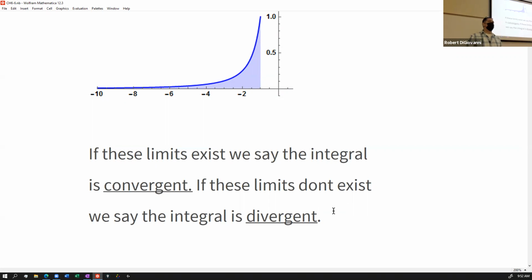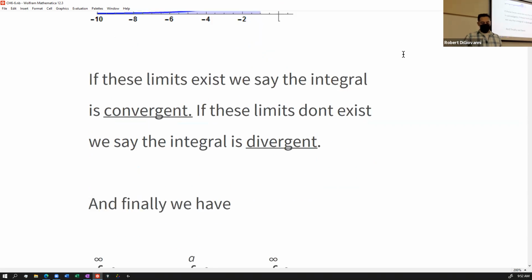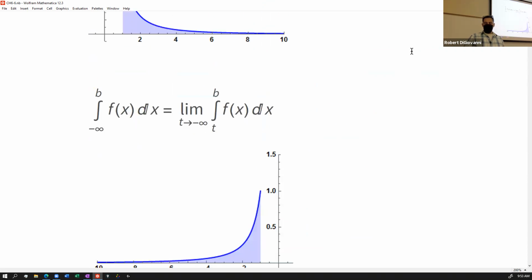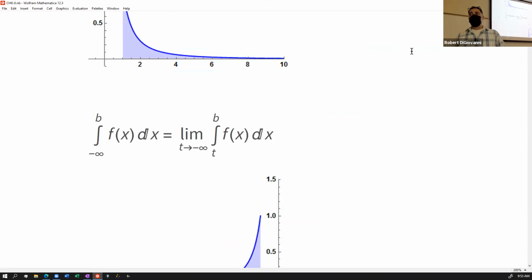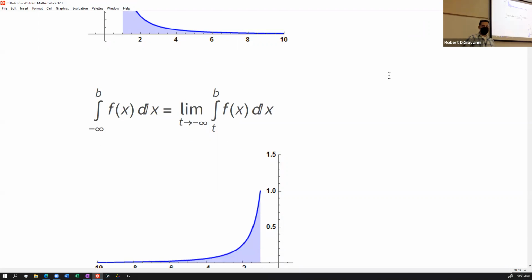So that's why I like to think of divergence as not convergence. Convergence is that it goes to a nice fixed number. Divergence is everything else. Divergence is not convergence. Anything other than convergence. Convergence is that the integral goes to a finite number. When you take the limit, you get a finite number.